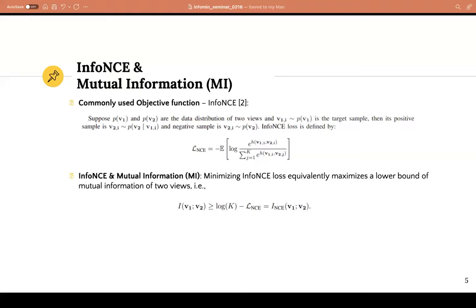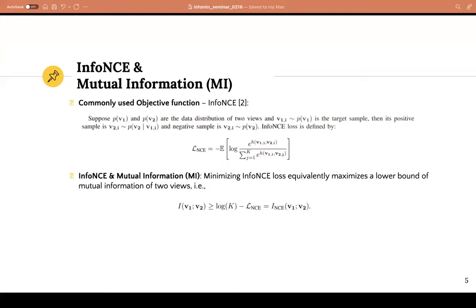Here you get V1, V2, that's two views, and the mutual information is upper bounded by log K minus the InfoNCE loss. And the key here is the number of pairs. Specifically, it's one positive pair plus K minus one negative pairs.